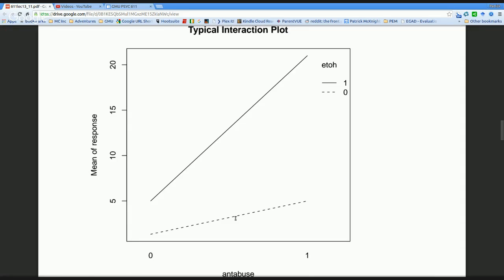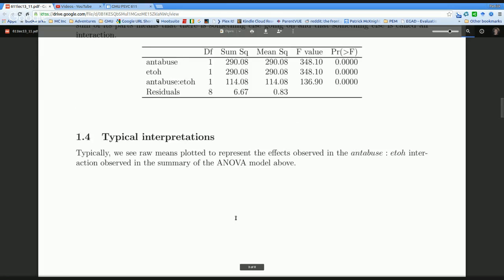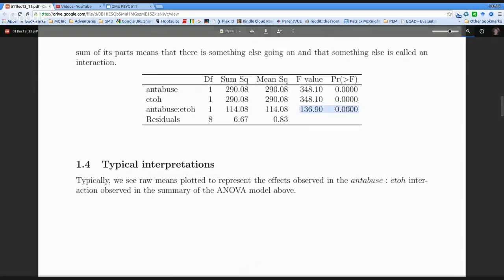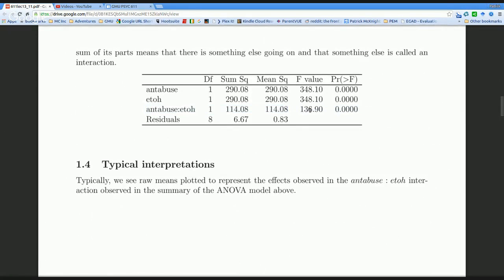Now, while this typical interaction plot looks like a perfectly defensible idea, it's actually wrong. And the reason why it's wrong is that that's not what's being reflected in this F test right here. This F test reflects a residualized effect.